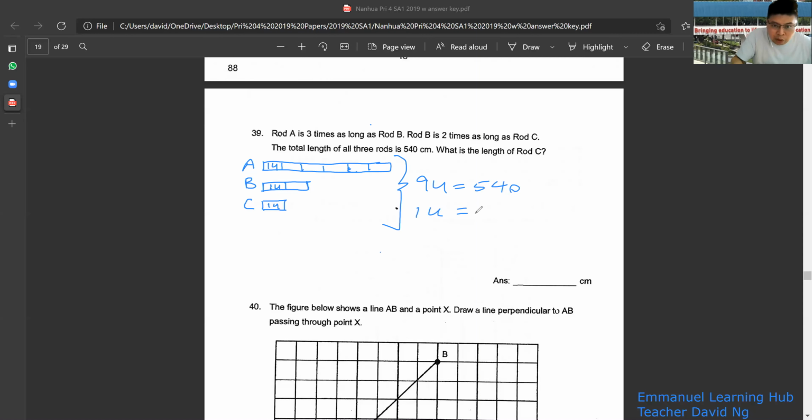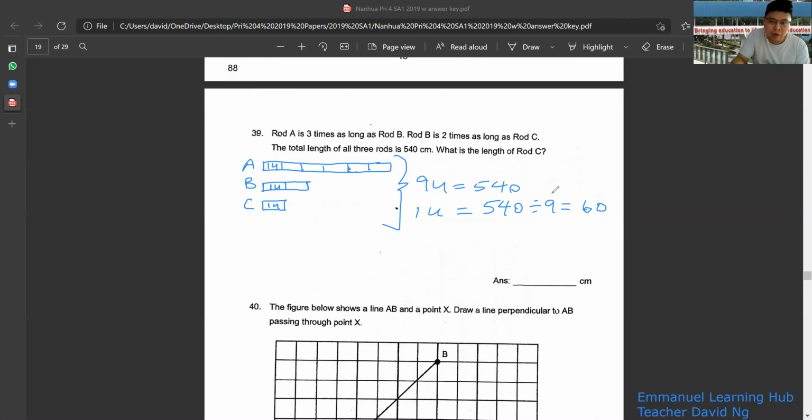1 unit is how many? 1 unit is 540 divided by 9, equals 60.